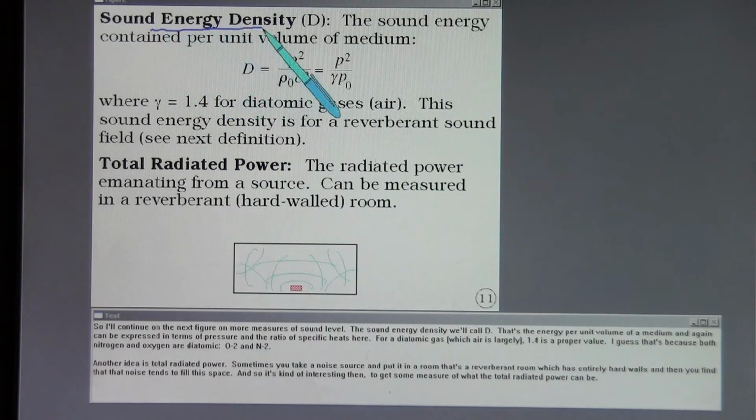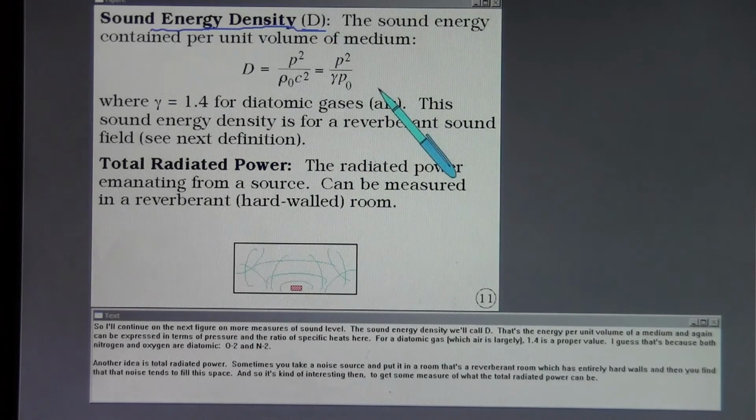This sound energy density we'll call D, and that's the energy per unit volume of a medium, and again can be expressed in terms of pressure and the ratio of specific heats here. For a diatomic gas, which air is largely, 1.4 is the proper value.